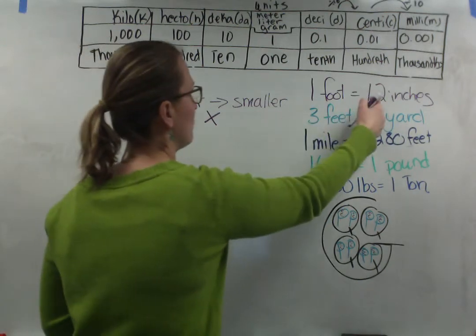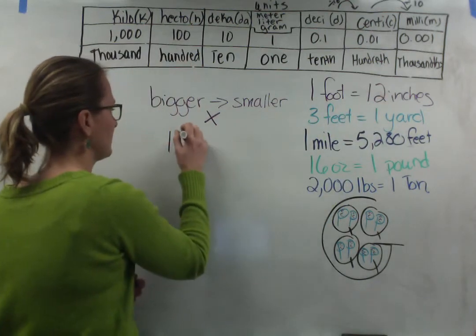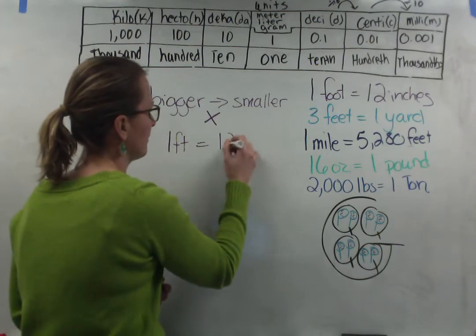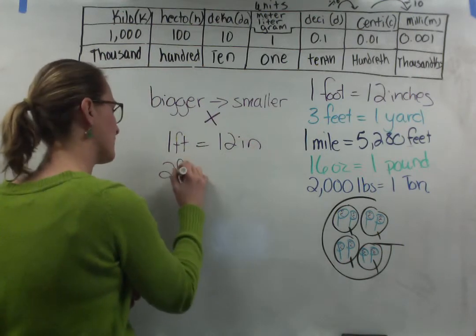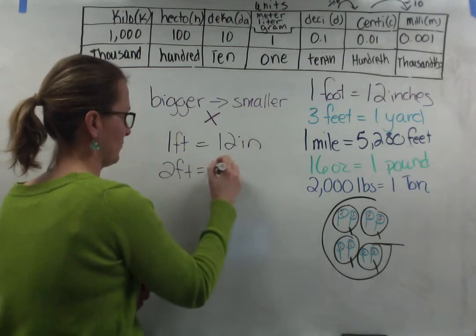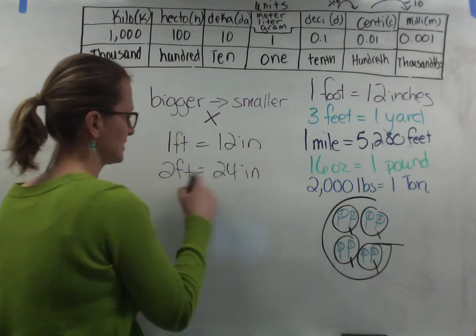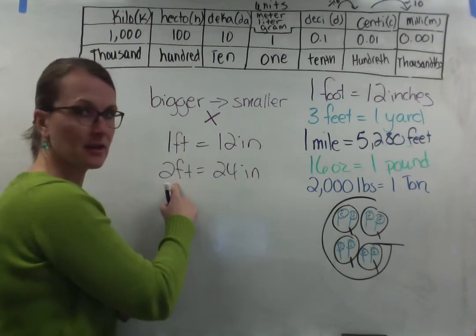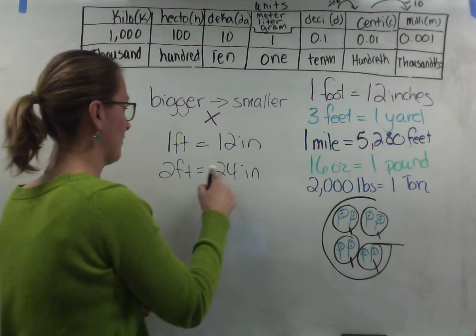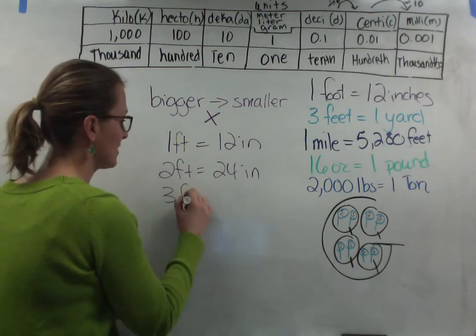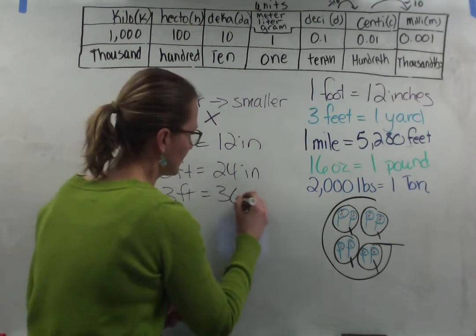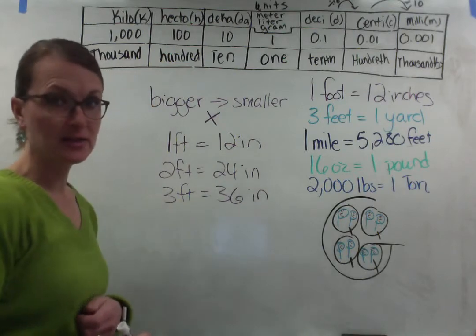If you have 1 foot and 1 foot equals 12 inches, then 2 feet would equal double that amount, 24 inches. Notice, we're multiplying, right? You have 2 groups of 12. 3 feet would equal 36 inches, and so on and so forth.